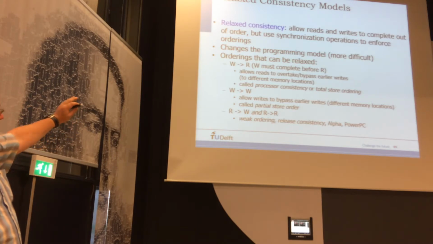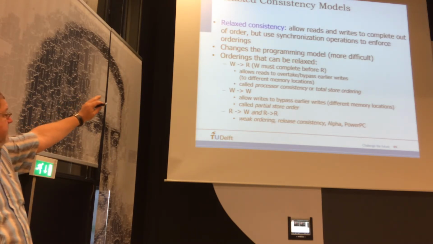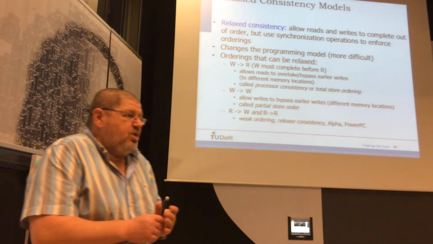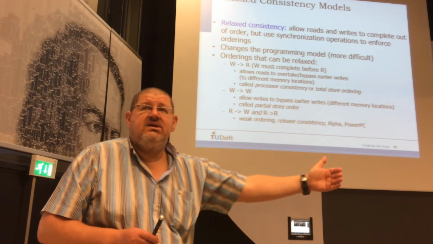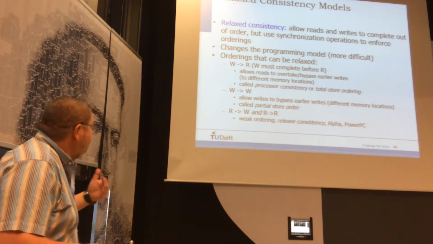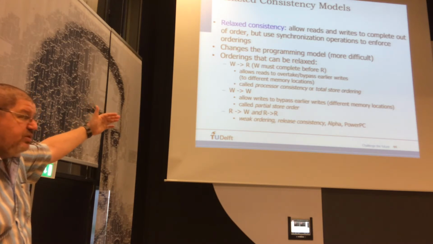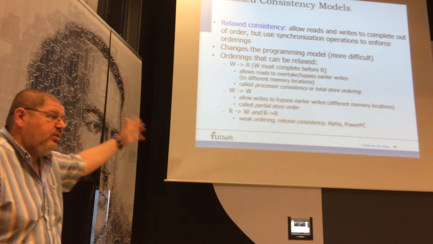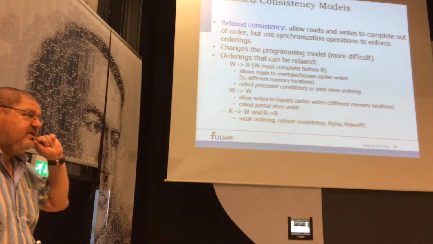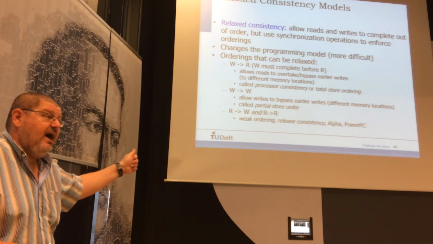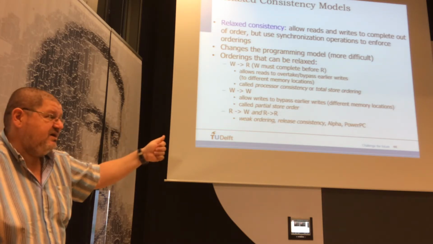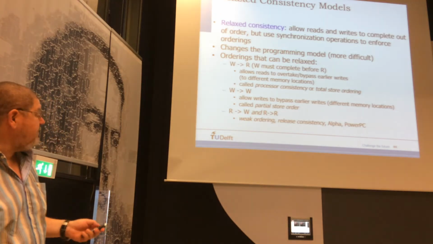I mean, write must complete before read. That's normal, right? If I'm not completing the write and I'm reading something, I may read the wrong value. I may relax that, and that may have some implication. And I may relax those, and then I may have a program which will never function, right? I should be aware of those because they can enable speed up if I'm using them in a proper way without damaging the logical structure of the program.